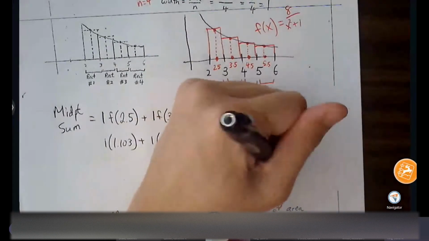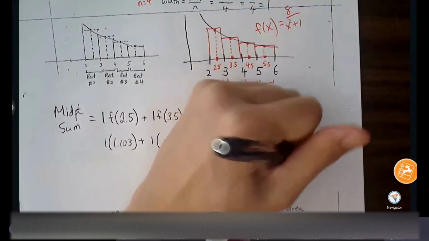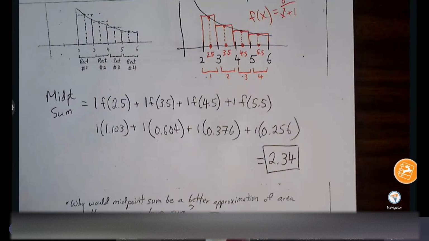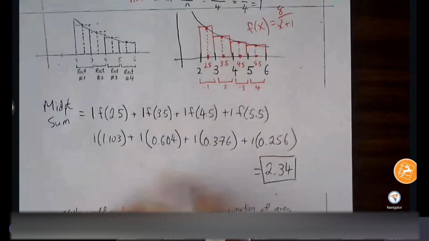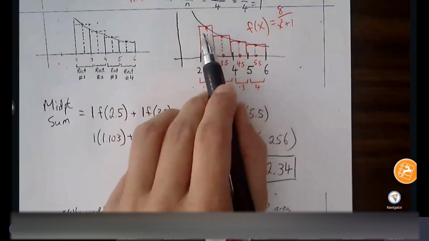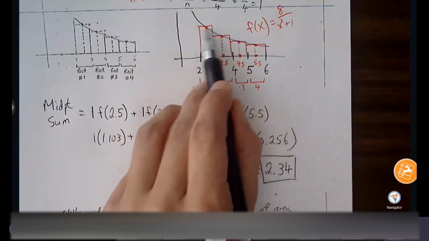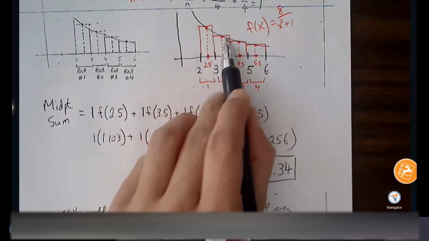But now this is going to be an even better approximation than either the upper sum or lower sum. And the reason why is because if you look at how these rectangles are drawn, you have portions that sit above and below the curve, so they're going to have a way of kind of balancing each other out, right?